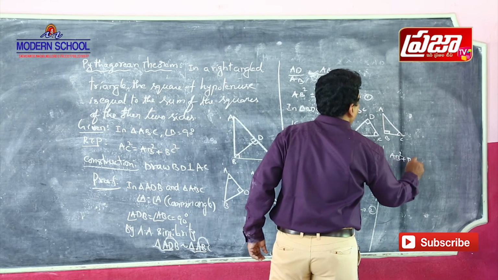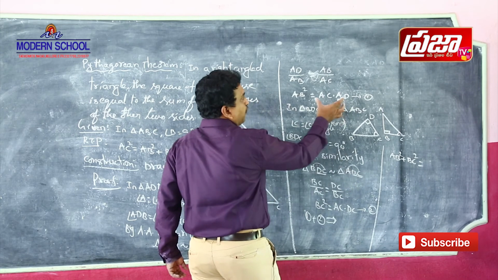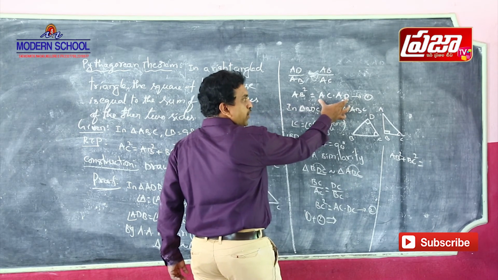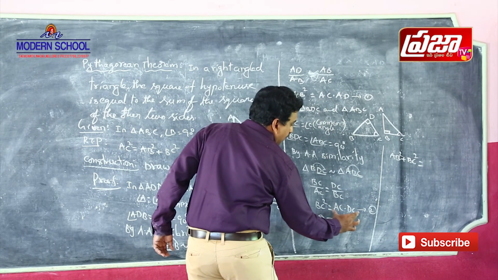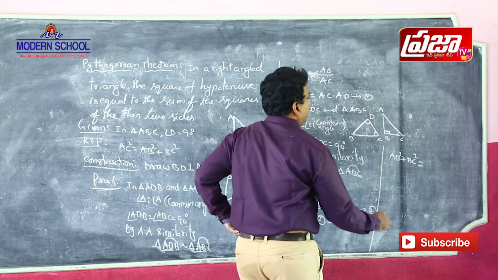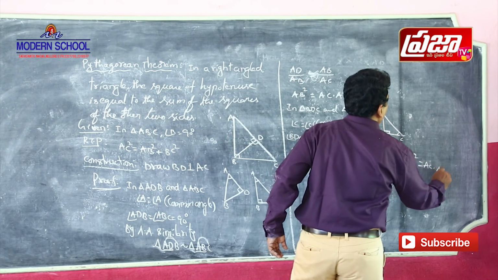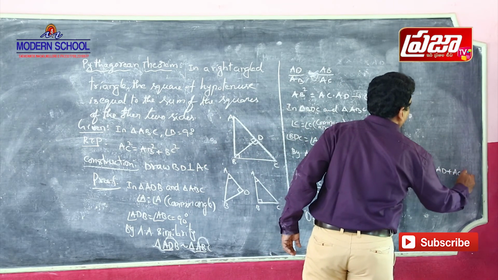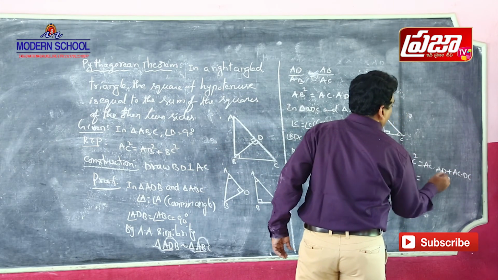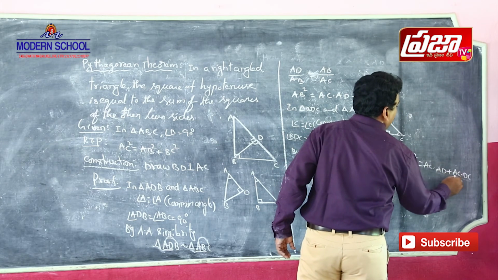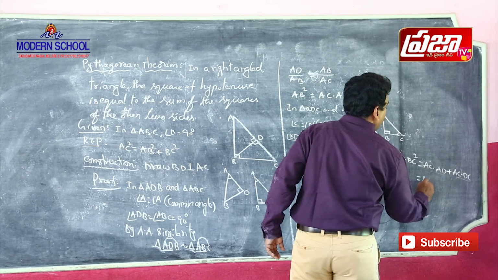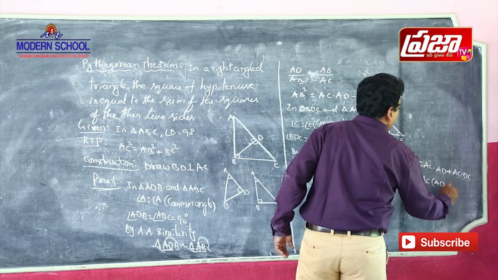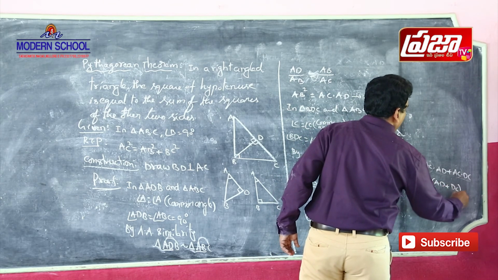AB square plus BC square equal to, in the first equation right hand side AC into AD, and in the second equation right hand side AC into DC. So AC into AD plus AC into DC. In both there is AC, so take AC as common, then AD plus DC.